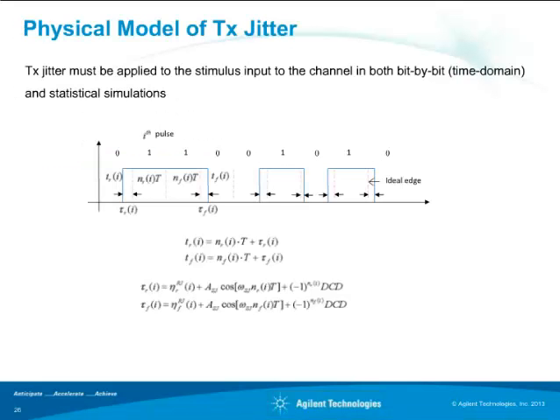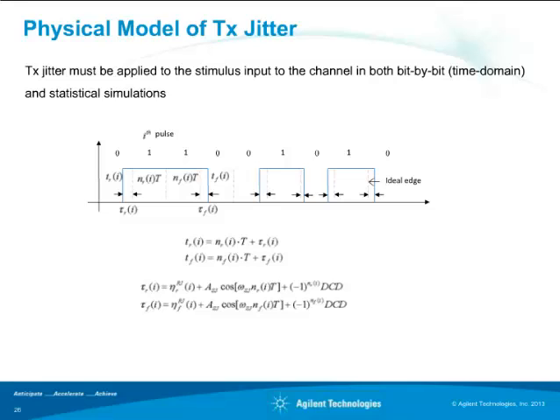The implication of the effect is that when we model Tx jitter when simulating a channel's performance, we must apply the Tx jitter in the input signal. Therefore, the input jitter can experience the channel loss. And this is true for both time domain or bit-by-bit simulation and for statistical simulations.